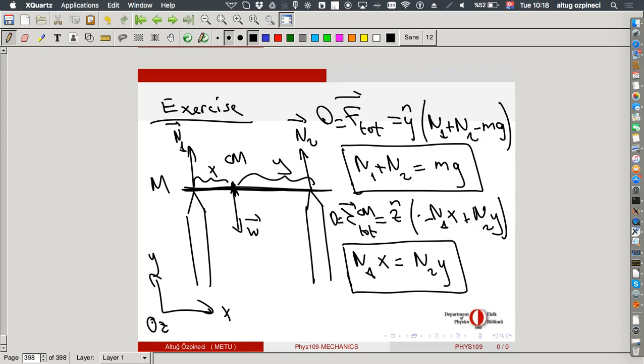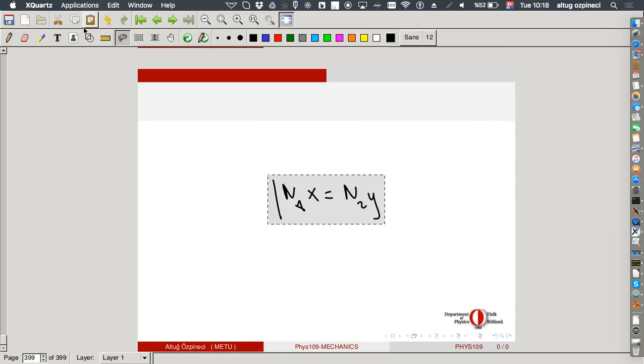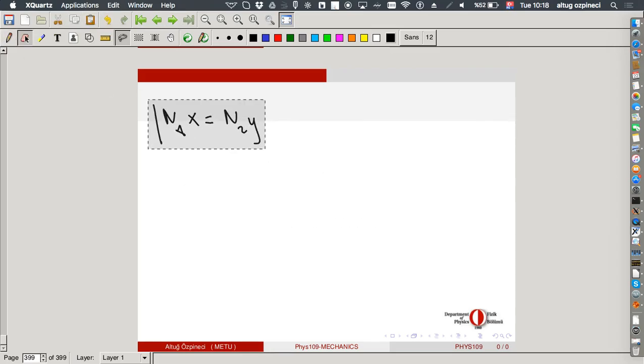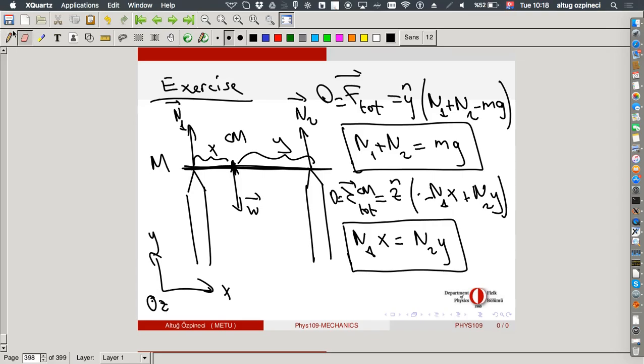Now, in this one, let's solve this example. So we have that N1x is equal to N2y. So let's just say N1, we have these two equations. This one, and the other one.